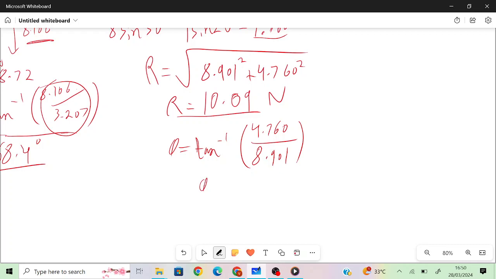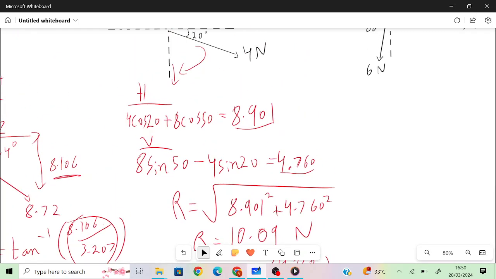Doing this, theta is equal to tan inverse of 4.760 over 8.901, which is 28.1 degrees. So the resultant force is 10.09 newtons, making an angle of 28.1 to the horizontal.